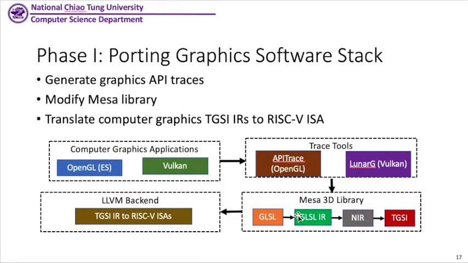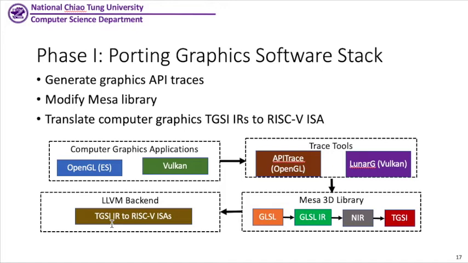Then in the Mesa 3D library, we will convert these computer graphics IRs to the TGSI implementation. And in the final stage, we will insert our converters to convert the TGSI IR to the RISC-V ISA in an LLVM backend.